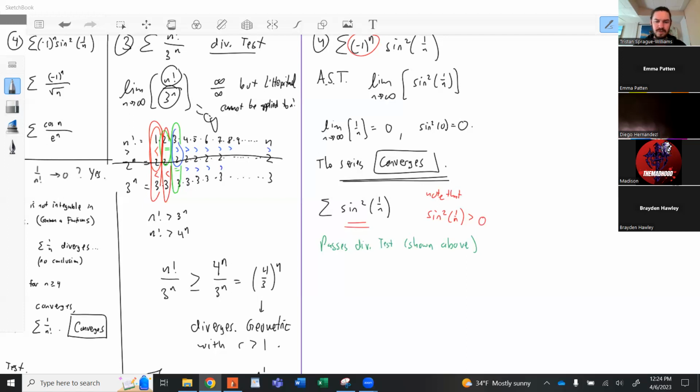Integral of sine squared of 1 over x. Yeah, it uses some type of functions that we haven't learned about yet. This is what's called the sine integral. Yeah, it's one of the Fresnel integrals actually.